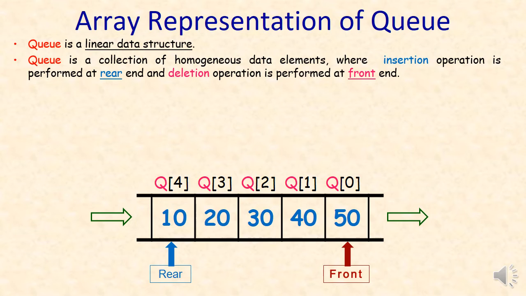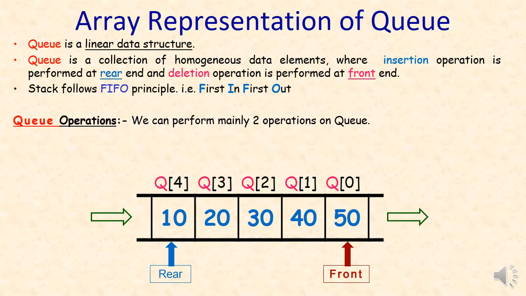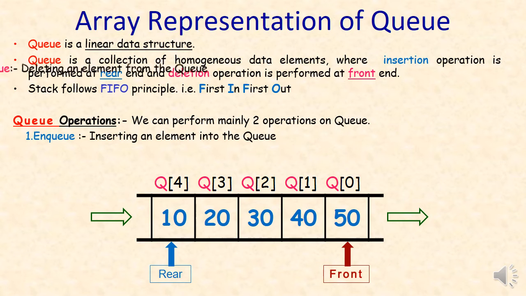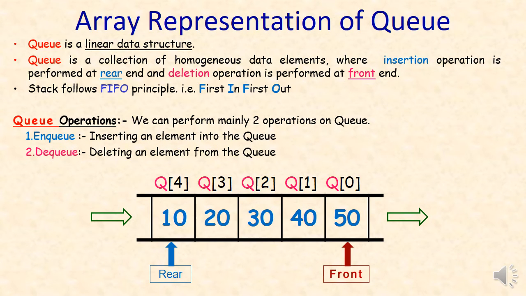The element which is inserted first will be deleted first, so we follow the FIFO principle, that is first in first out principle, to implement the queue. Here we are doing two basic operations: one is NQ, that is insertion of elements, and another one is DQ, that is deletion of elements from the queue. Now let us get into the technical issues in the implementation of queue using array.